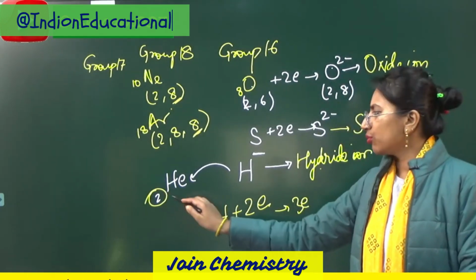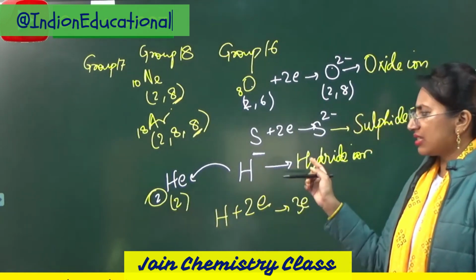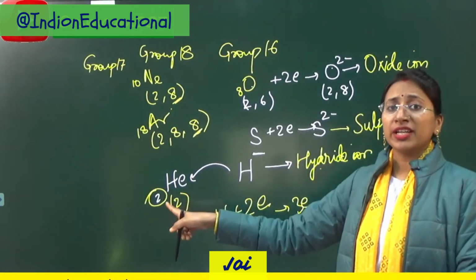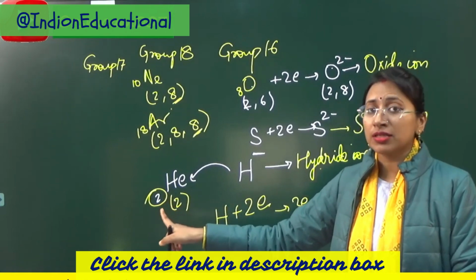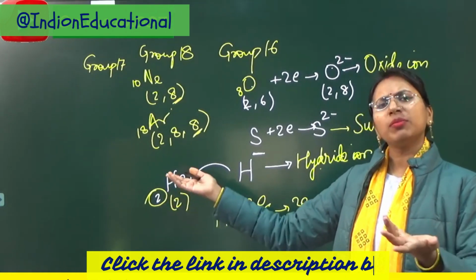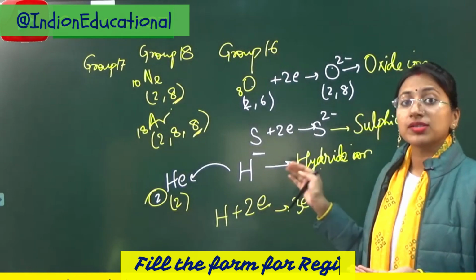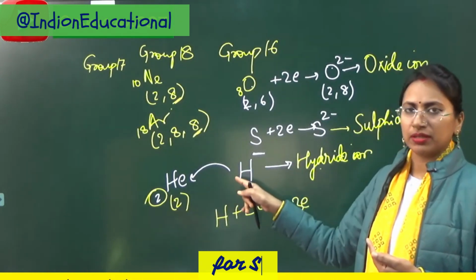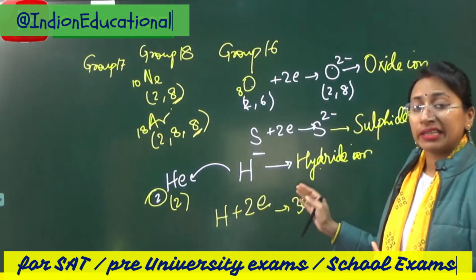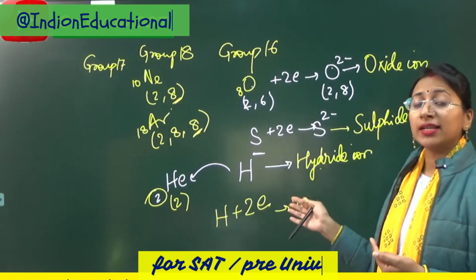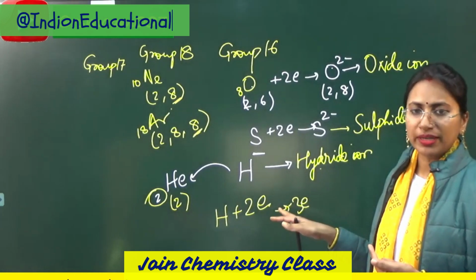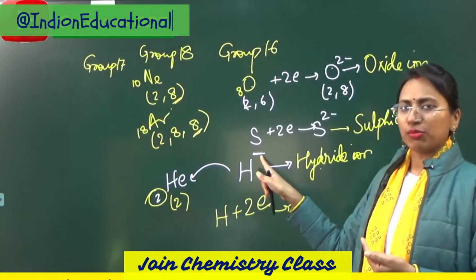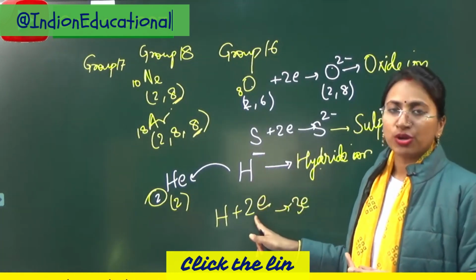Only 2. So if hydrogen attains the stable electronic configuration of its nearest noble gas, that is helium, it will be stable. Why will it require an extra electron? It will not need an extra electron, right? It is already stable. So it will not accept another electron from anywhere. That is why it is stable in the form of H minus. It will not form H2 minus.